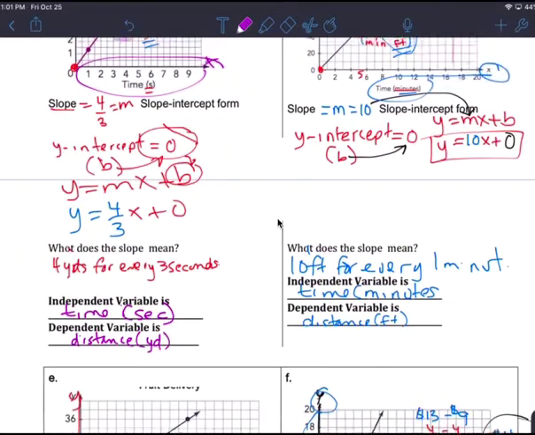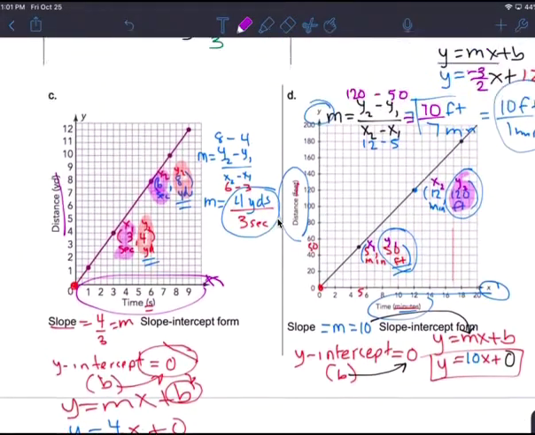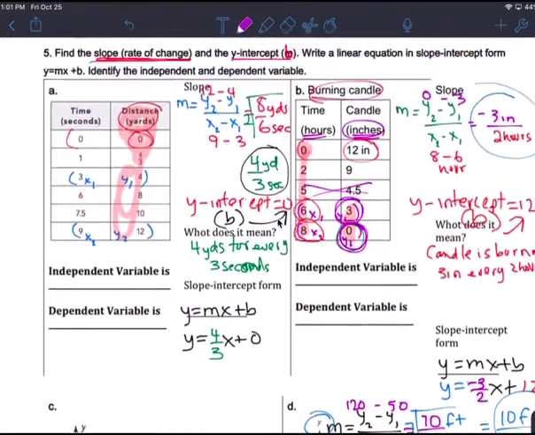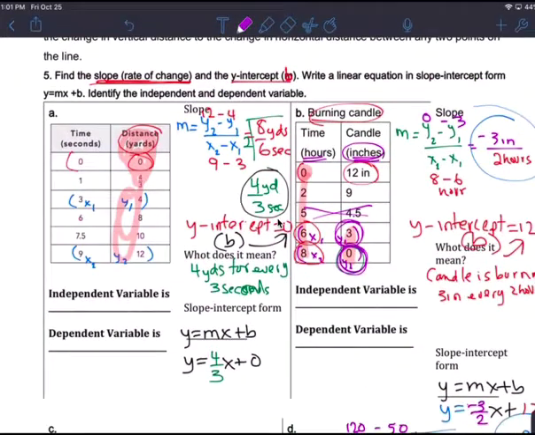And then going back to 5a. All right, well, I hope you keep up. The independent then is the meaning for x, the time in seconds. And the dependent is the meaning for y, distance in yards.